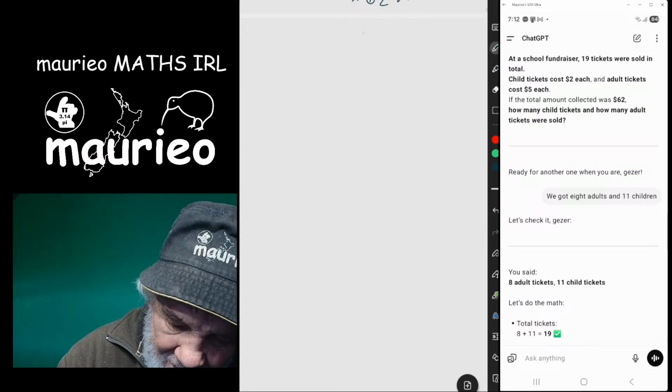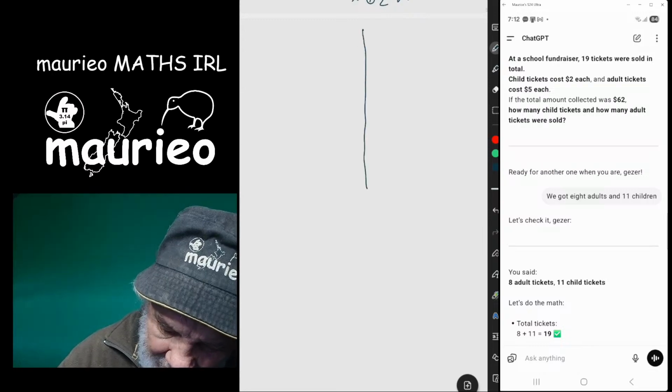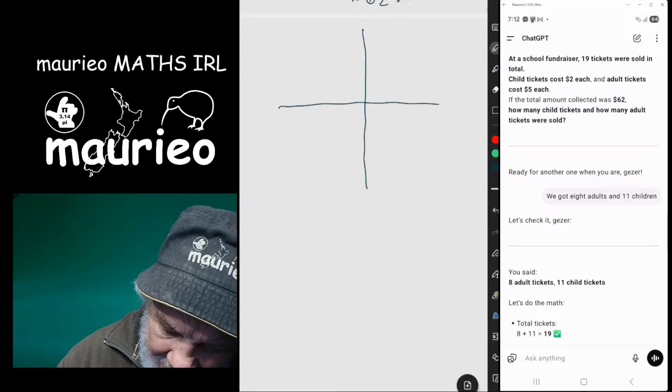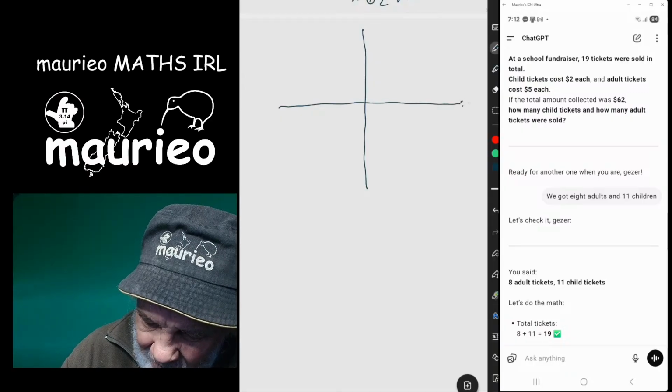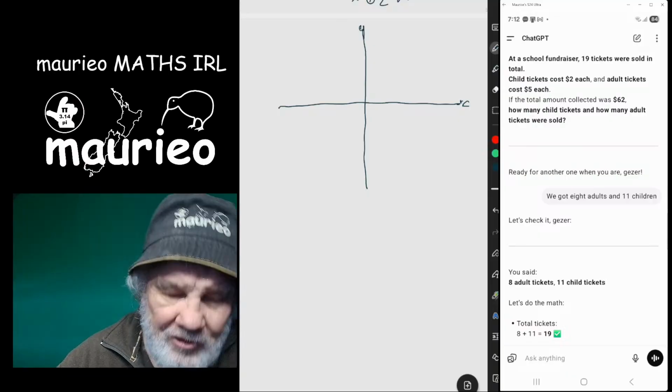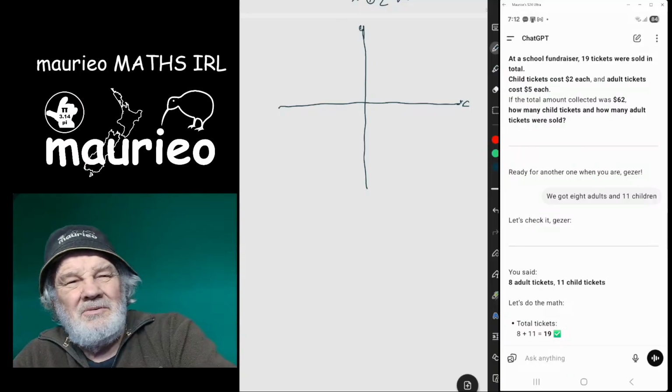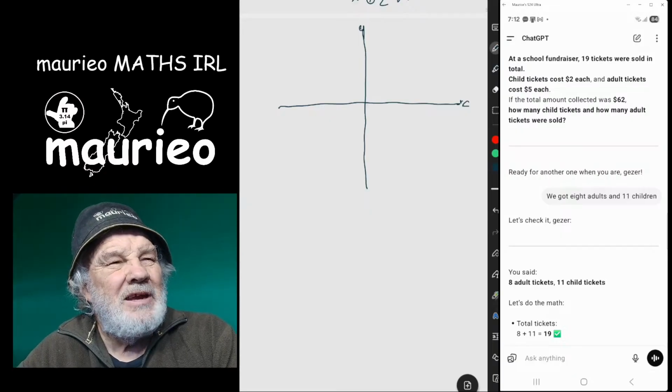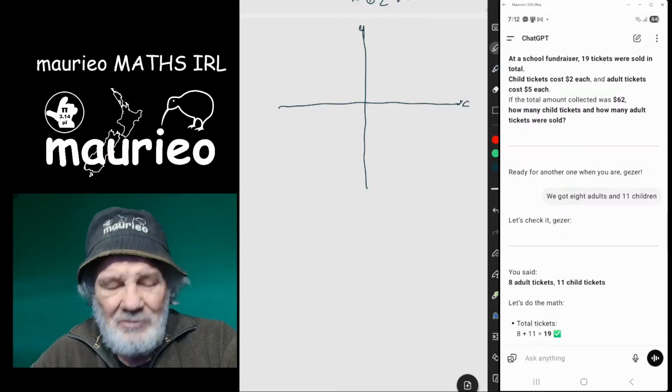So let's see if we can do this here. And there's our x and y axes. So again, I'm doing this live. I haven't really prepared for it. I just thought about the idea. So I'm just working through it.